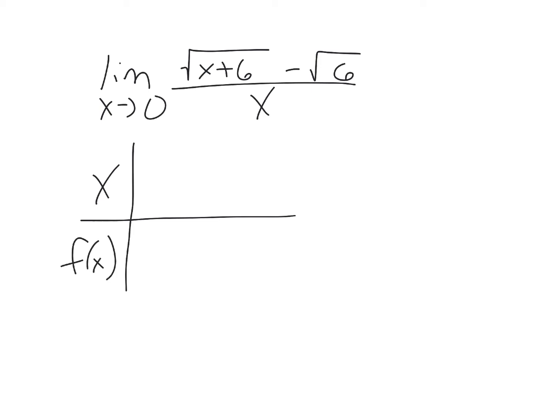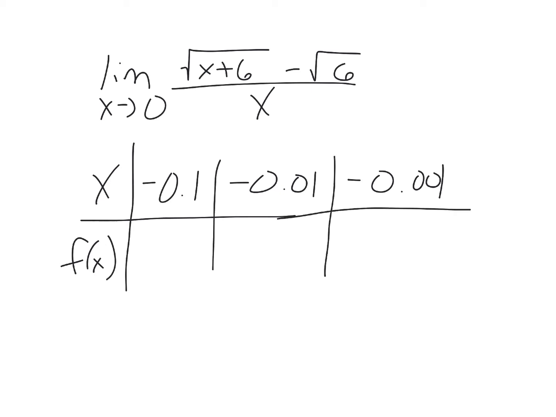Let's pick values from the left: negative 0.1, negative 0.01, negative 0.001. And then we have 0.1, 0.01, and I'm out of space for 0.001, which is okay.